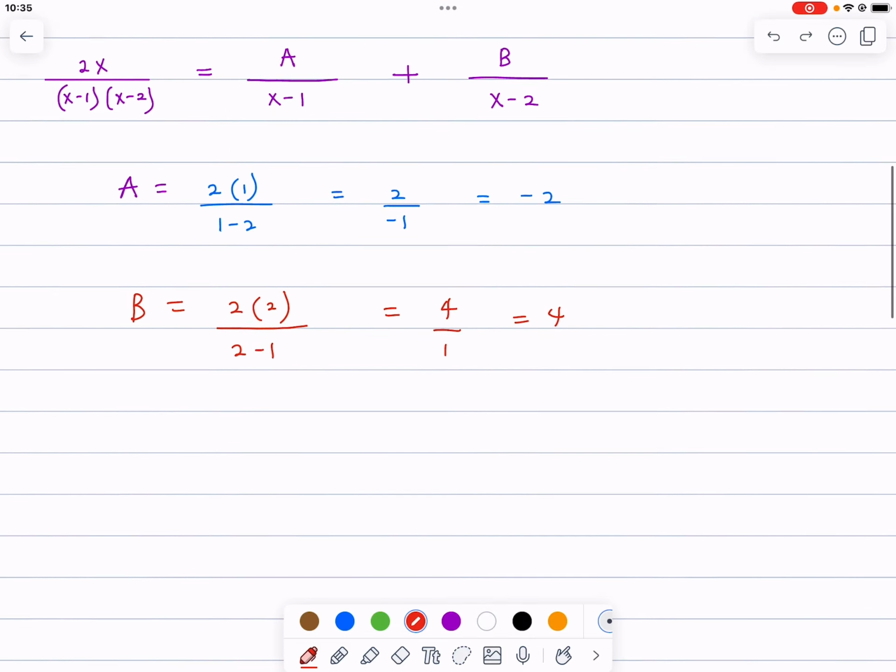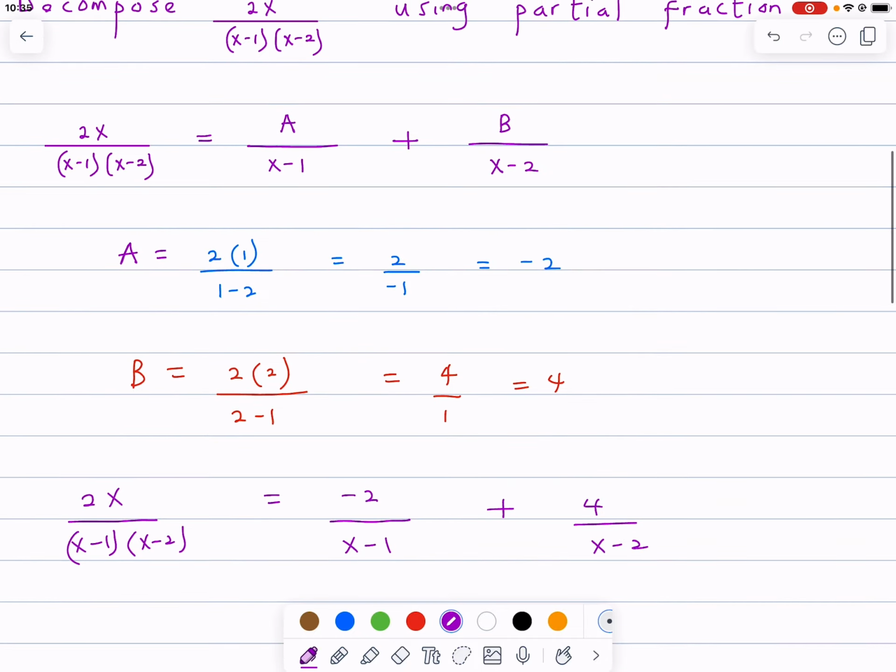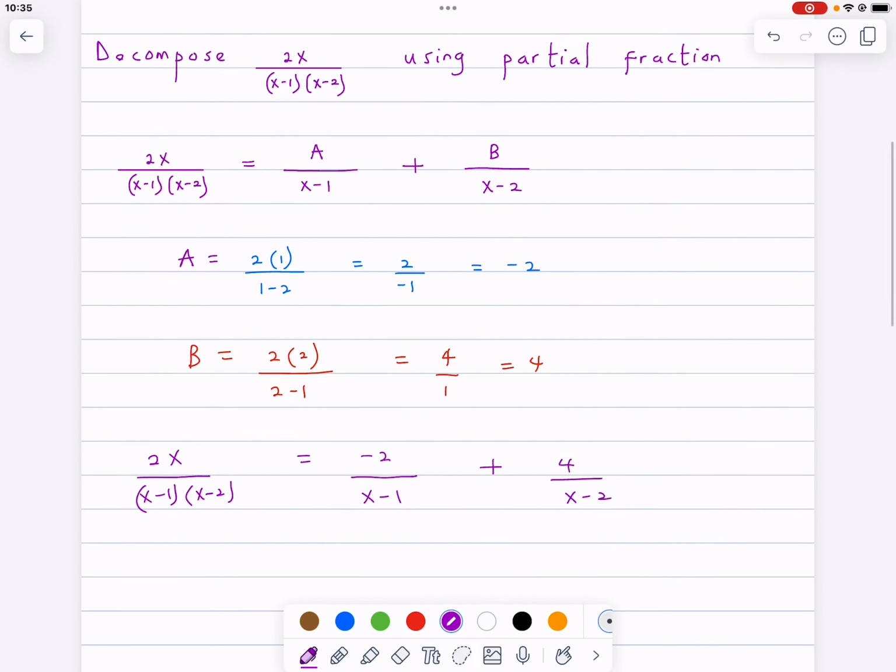So this is just going to be 2x over x minus 1, x minus 2 equals negative 2 over x minus 1 plus 4 over x minus 2. And that's going to be the decomposition of that rational expression. Yeah, hope this helps.